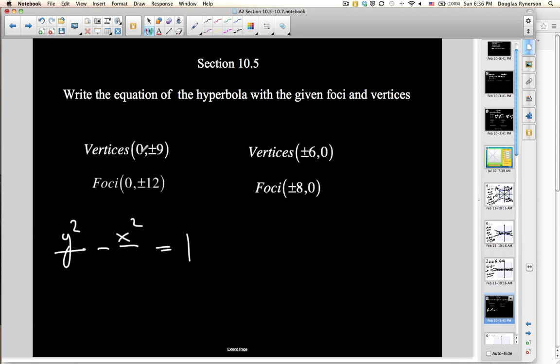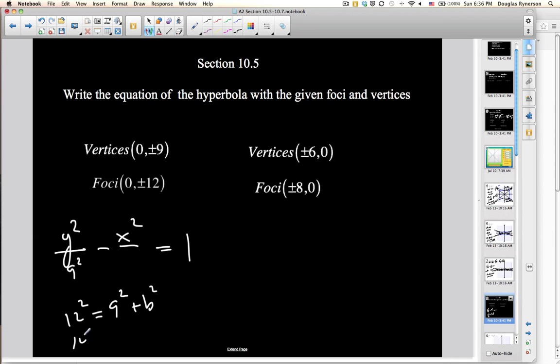I know that this is the distance I moved vertically, so the square of this will go under y, and I know that 12 squared was equal to 9 squared plus b squared, which is what I need to put here under the x.